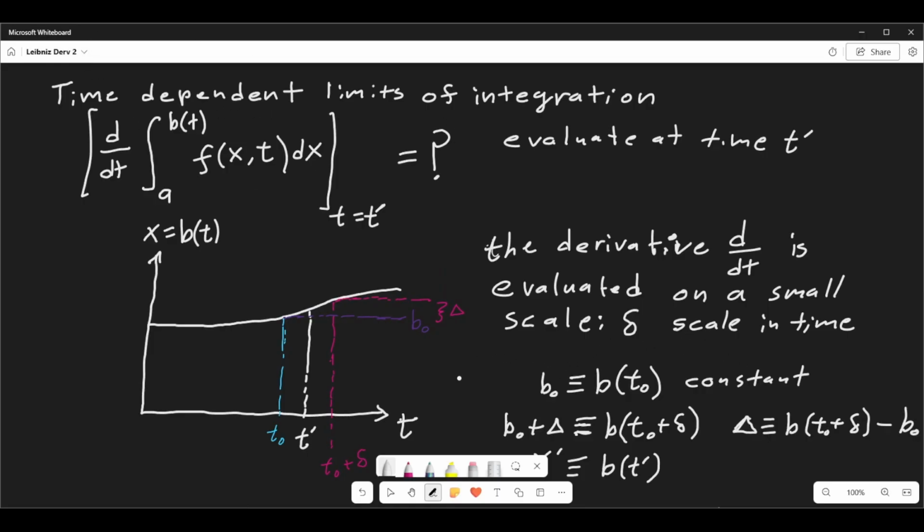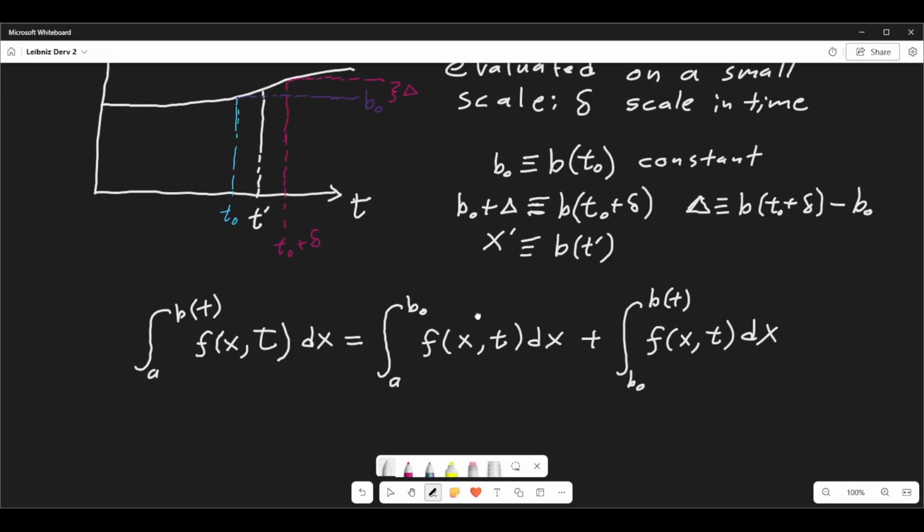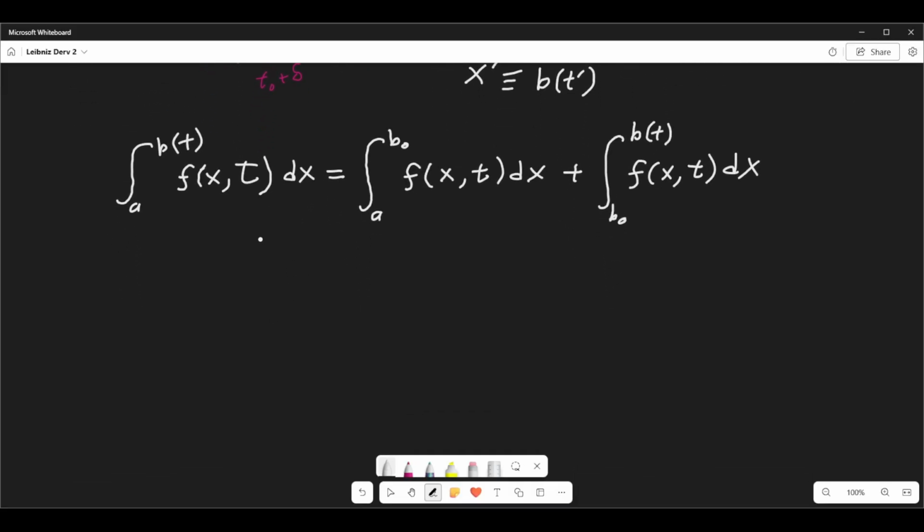The calculation would basically be the same if the boundary was going backwards, but this is going to assume that the boundary is increasing with time. Okay, so the next thing to do is basically go ahead and differentiate this.